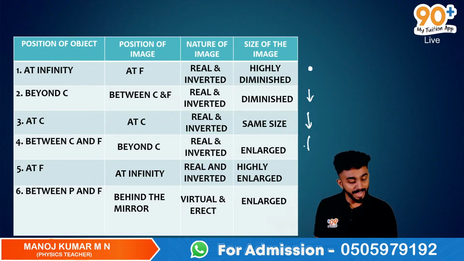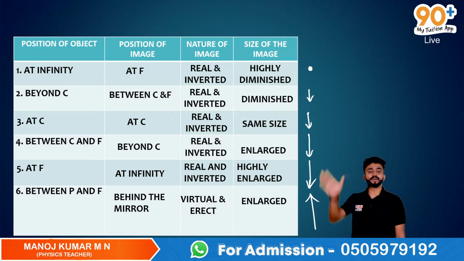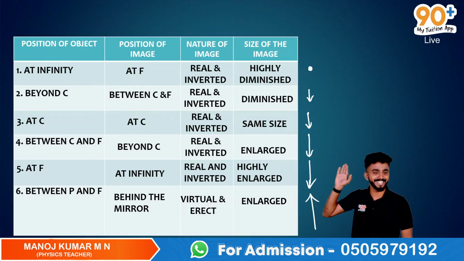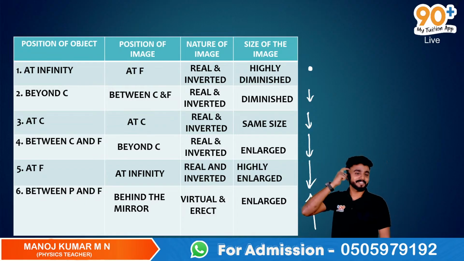Now it's enlarged, the size has increased a bit, so you can draw a longer arrow. Now highly enlarged, much longer. This one is virtual and erect, so it is enlarged, but it is an erect image, so you can draw an arrow like this. When you study this table, mark it like this. So you can remember the size this way. Got it? And try to memorize.